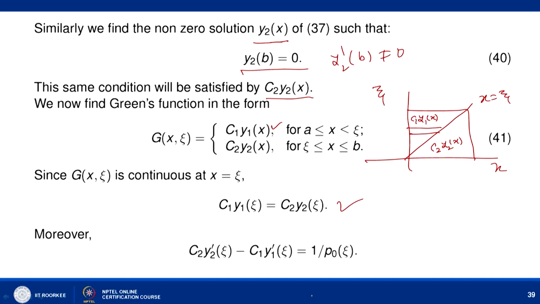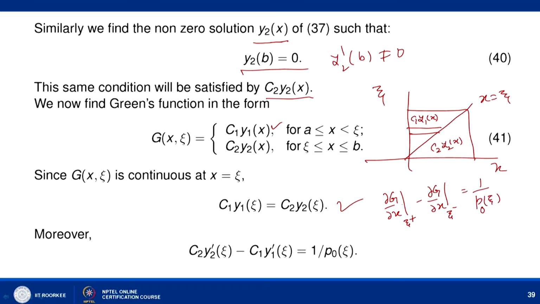Now, we also assume that the partial derivative of g with respect to x is continuous in the triangle, but has a jump discontinuity at the diagonal, that is x equal to xi here. So, we simply say that the derivative of g with respect to x at xi plus, minus the derivative at xi minus, equals 1 upon the coefficient term, that is p naught here.